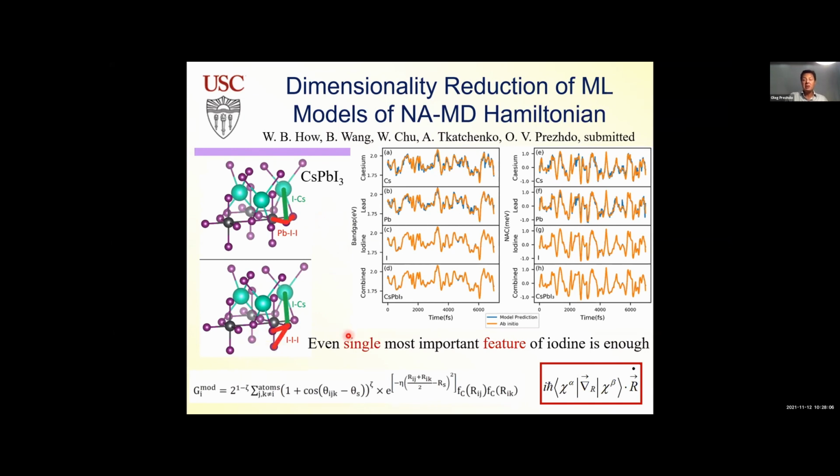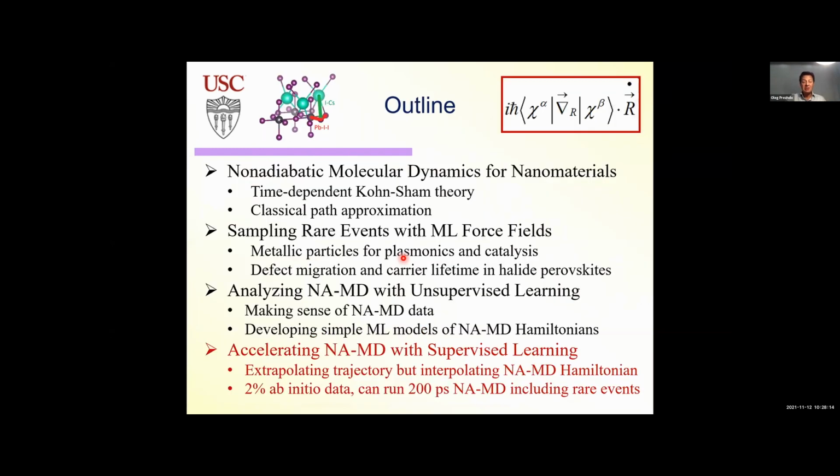Even a single feature of iodine can give us a very good description of non-adiabatic coupling and band gap for this material. So the last couple of minutes I'll spend on showing how we accelerate NAMD. The main idea is the following.